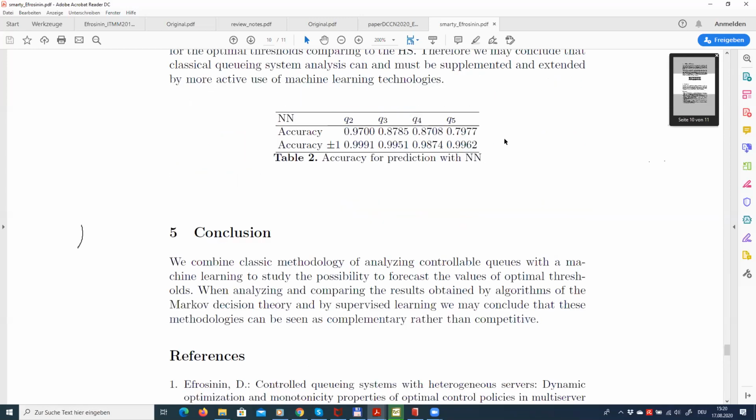And finally, I want to say that when we are analyzing and comparing the results obtained by classical algorithms of the Markov decision theory and by supervised learning, we may conclude that these methodologies can be seen as complementary rather than competitive. So thank you for your attention.